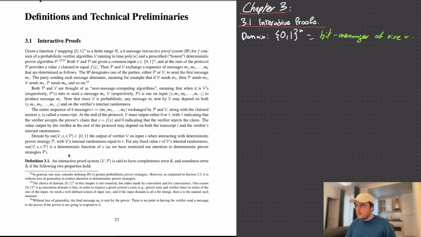I understand this. Okay. We have a function f.